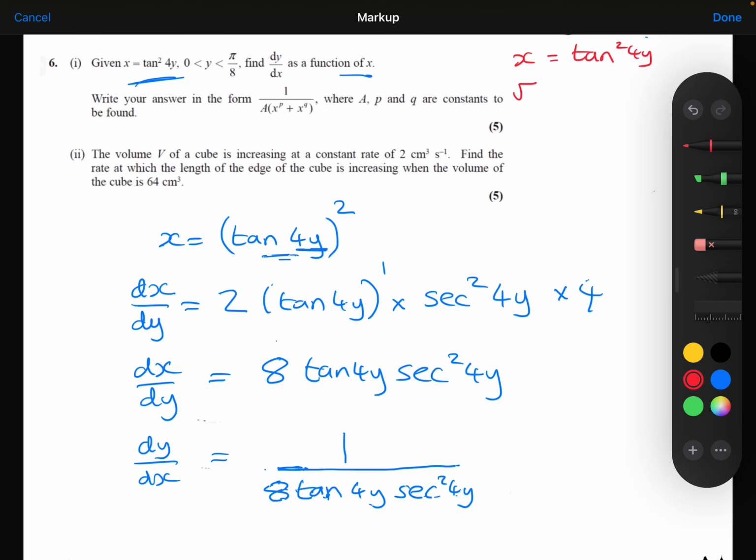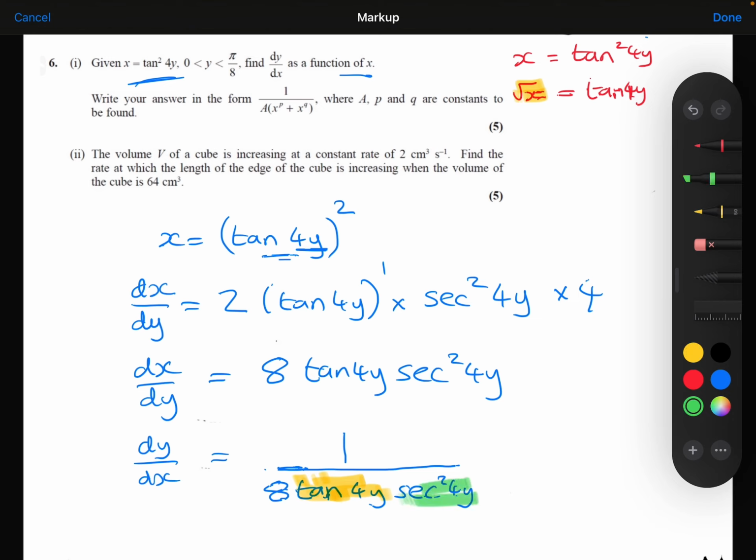So if I square rooted both sides here, I'd find that root x would be equal to tan 4y. So in my answer down here, where I've got tan 4y, I could replace that with root x.